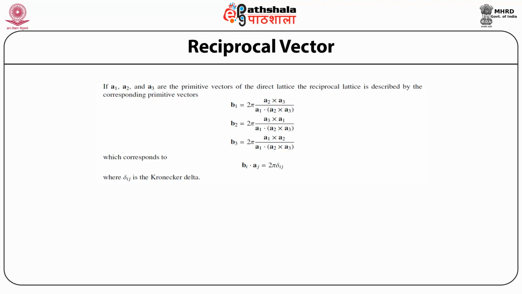If a1, a2 and a3 are the primitive vectors which I have discussed for the direct lattice, the reciprocal lattice is described by the corresponding primitive vectors b1, b2 and b3, with the relation b1 equals 2 pi a2 cross a3 divided by the volume V, which is a1 dot a2 cross a3, and similarly b2 and b3, such that bi dot aj is equal to 2 pi delta ij, where delta ij is the Kronecker delta.